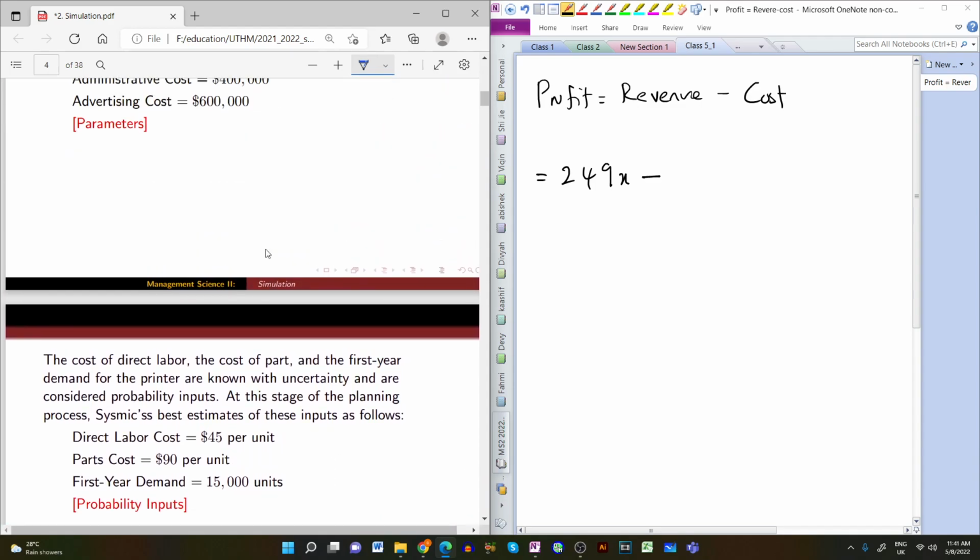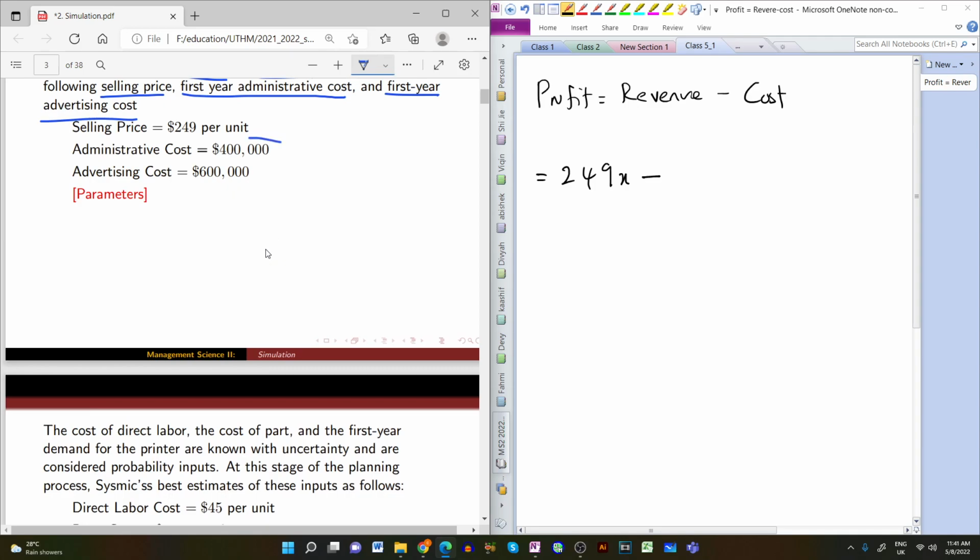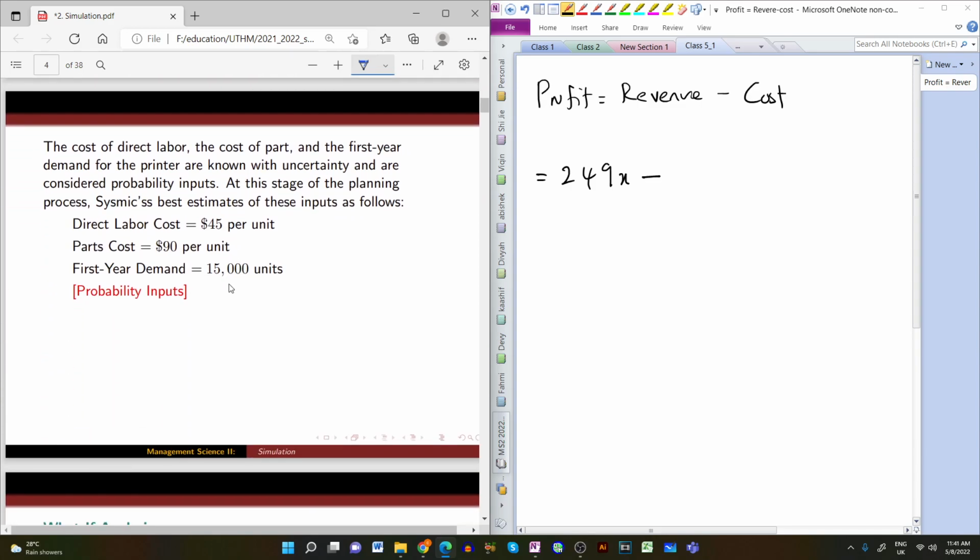One I call fixed cost, and the other is variable cost. First I won't put the variable cost as a number; I just call it C1, C2, which vary according to the quantity.